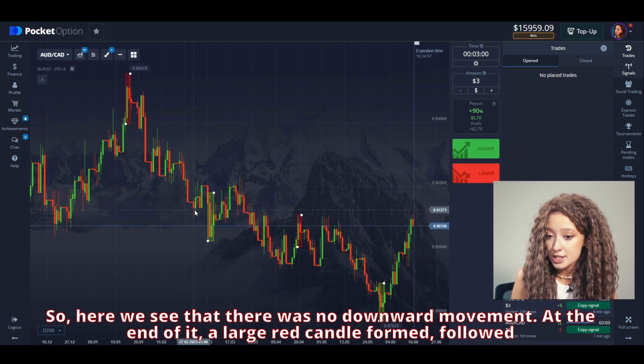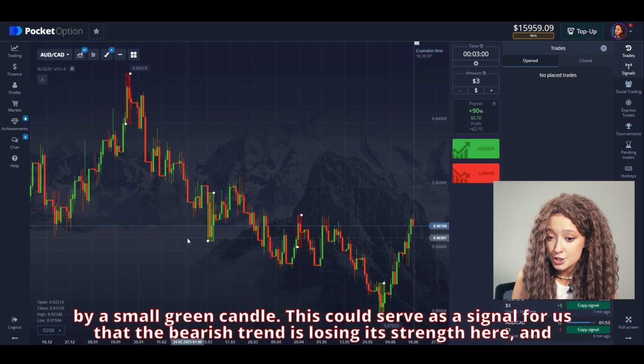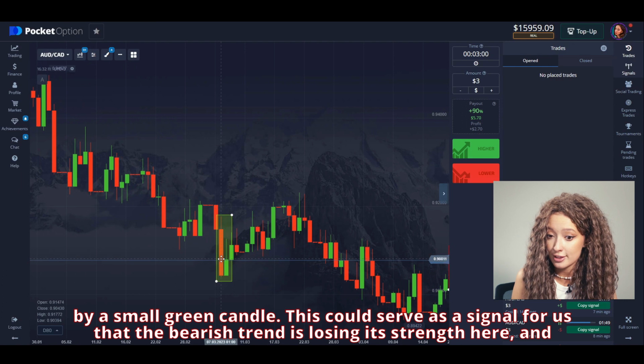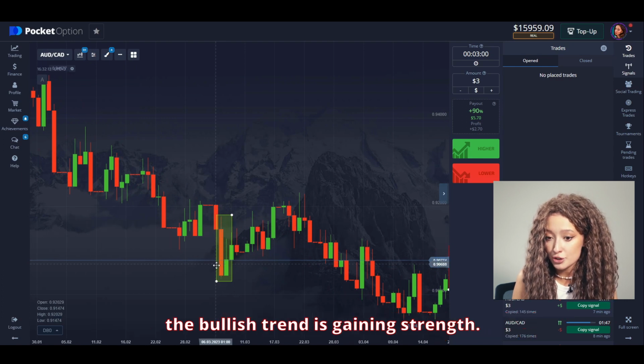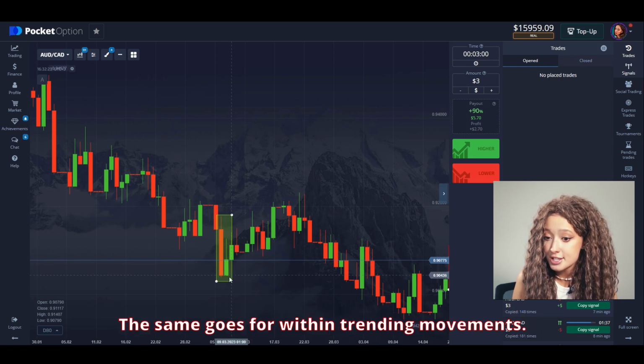So, here we see a downward movement, and at the end of it, a large red candle formed followed by a small green candle. This could serve as a signal for us that the bearish trend is losing its strength here and the bullish trend is gaining strength. Therefore, after this third candle forms, we would enter a long position.